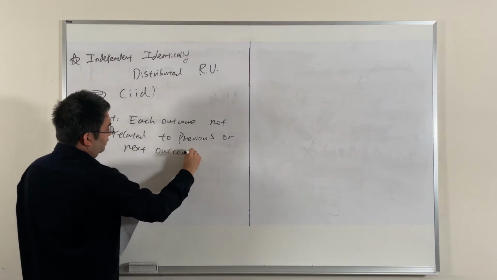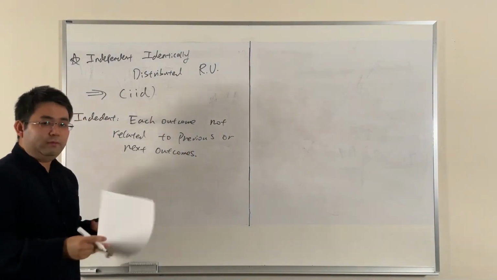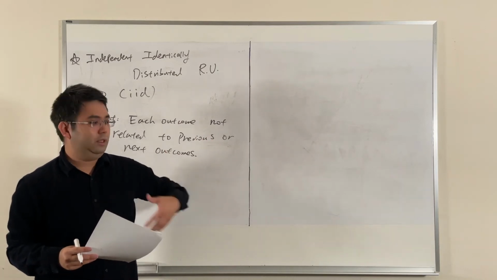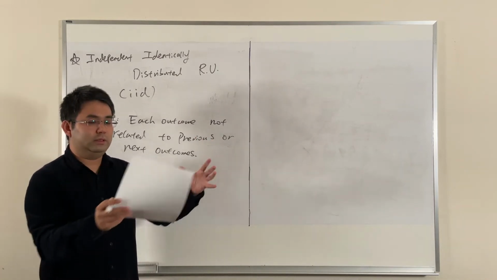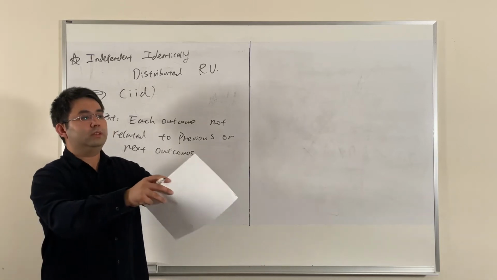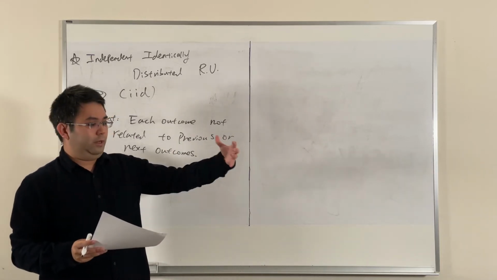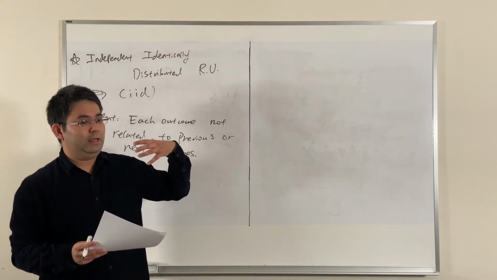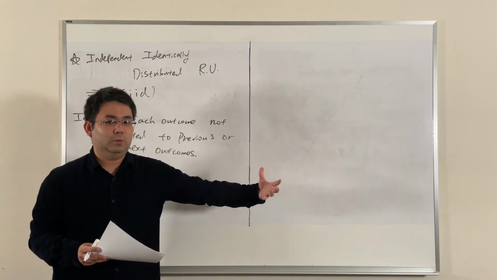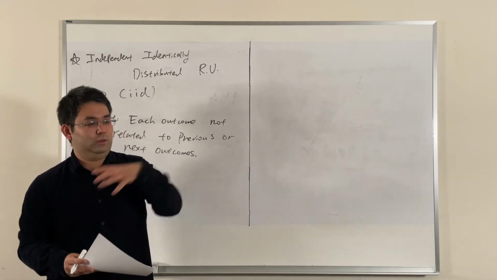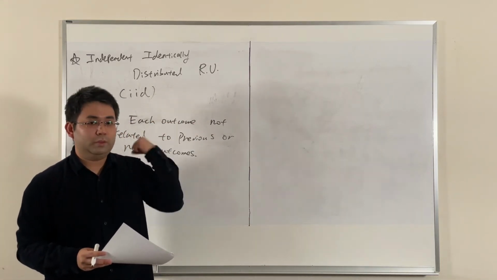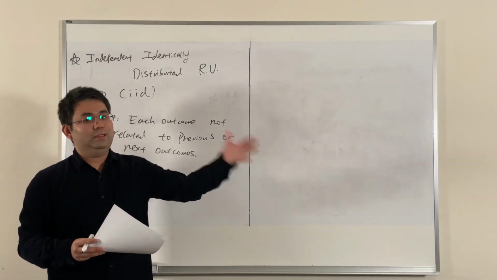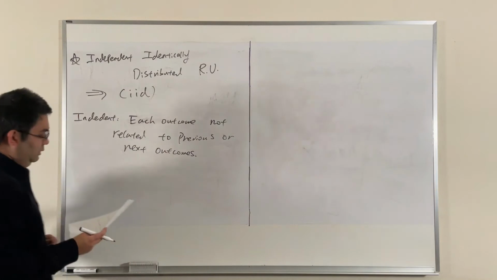Imagine you have a random variable and you keep getting realized values from this distribution. Each single time you pull from this random variable is independent from the previous one and the next one. That's what it means to be independent.